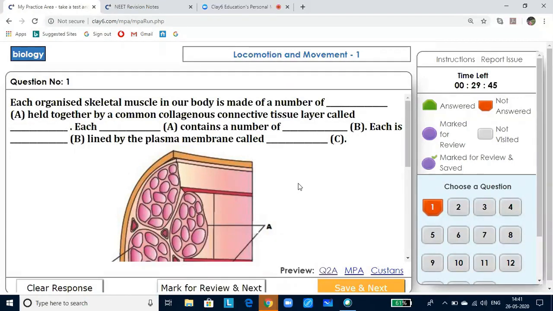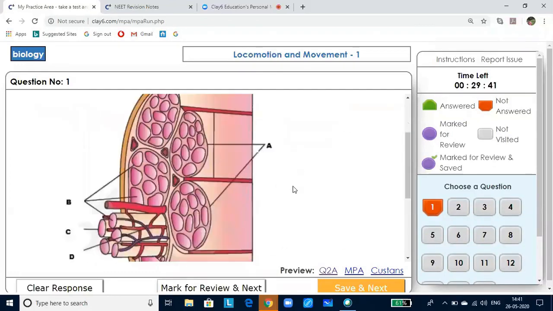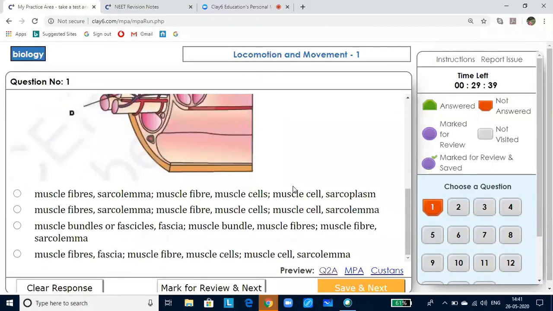Each dash contains a number of dash and each dash is lined by the plasma membrane called dash. Now, let us look at it. Muscle fibers, muscle bundles or fascicles, fascia, muscle bundle, muscle fibers, muscle fiber and sarcolemma is the answer.